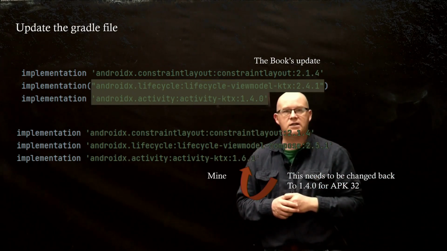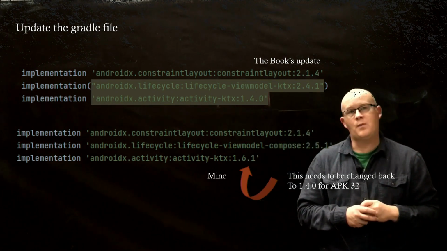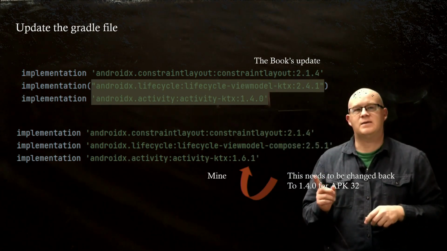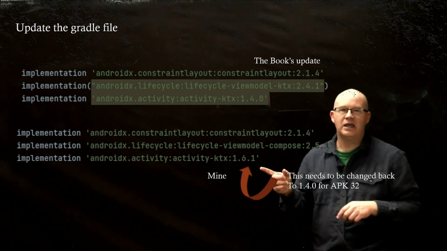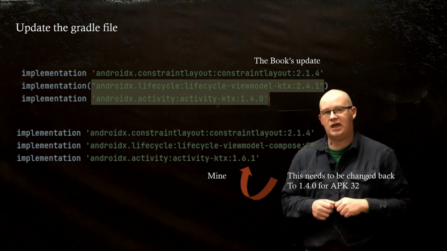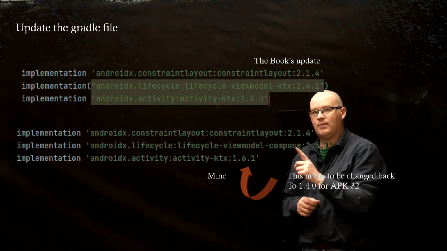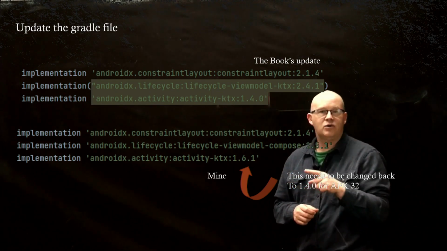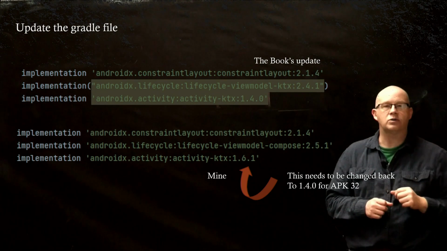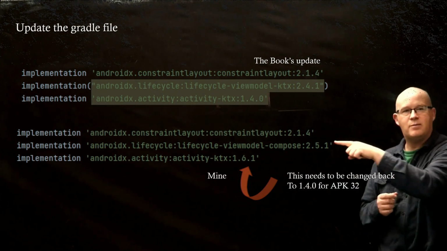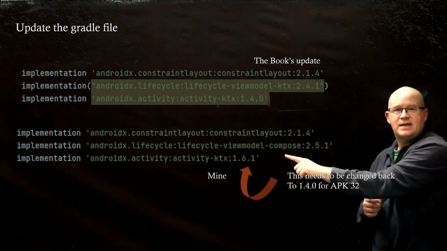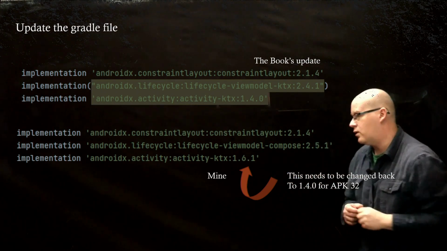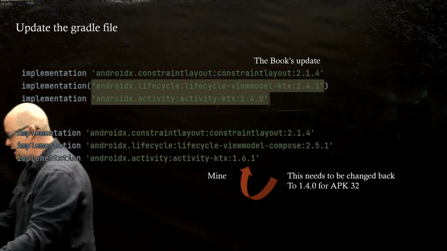Now, when I went to run this last night, the 1.6.1 was a problem, and I got the message that this was for API 33, and I was currently running API 32. So I set it back to 1.4.0. My lines are currently like the ones at the bottom, except that's a 5 and this is a 1.4.0.